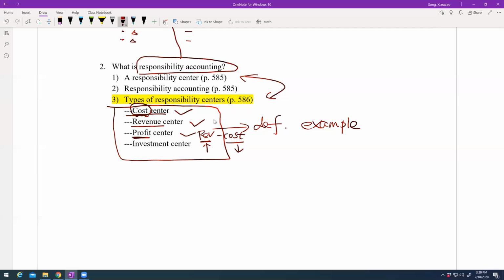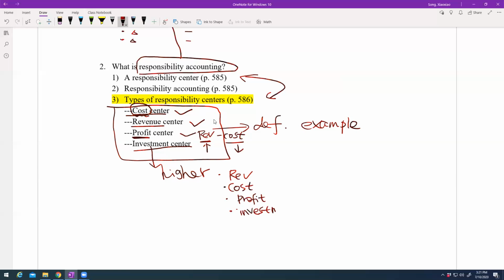And the last center is a higher level, like in one region. We call it the investment center, but it will also be evaluated with the revenue, evaluated with the cost, evaluated by the profit, and then evaluated by the investment.